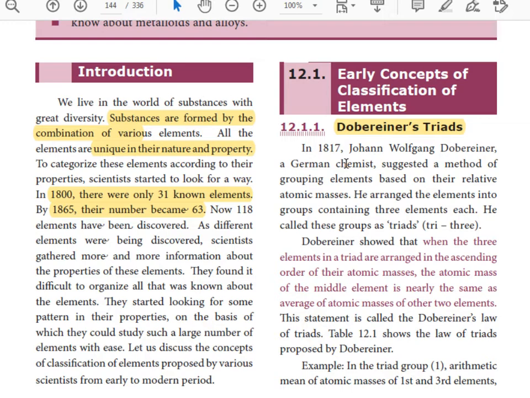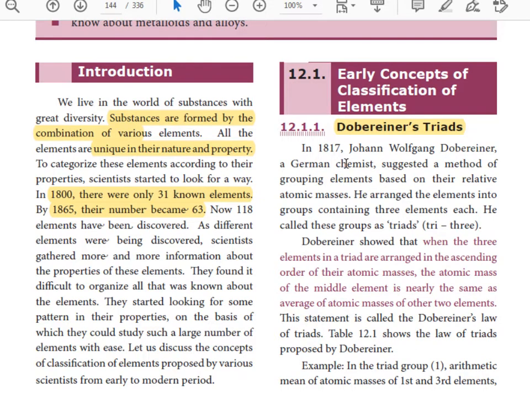What he showed is that when the 3 elements in a triad are arranged in ascending order of their atomic masses, the atomic mass of the middle element is nearly the same as the average of the atomic masses of the other 2. What about the atomic mass of the first and third element?